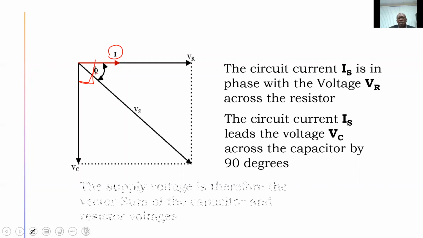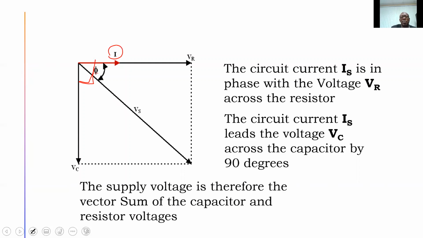I can therefore determine the supply voltage because at all times, the supply voltage, Vs, is equal to VR plus VC. So at all times, the supply voltage is equal to the vector sum of the voltage across the capacitor and the voltage across the resistor.